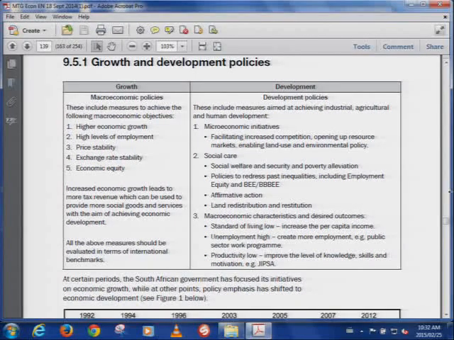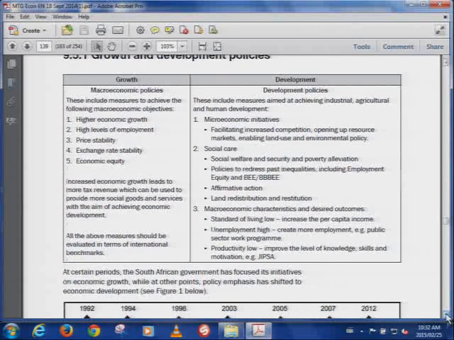The aim is to reduce the level of unemployment. And then low productivity: the South African government tries to improve the level of knowledge and skills, as well as to motivate the workforce, or the economically active people, by implementing programs such as GIPSA.